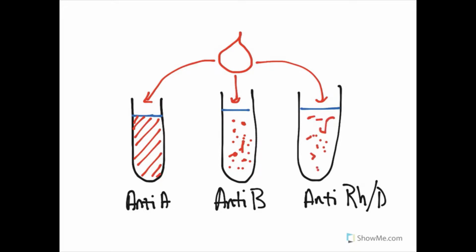So we know that this blood here does not have A on it. So then it doesn't have A, but it does have B. So we know it's a B blood. And it agglutinated visibly within the anti-RH, which means it is positive for the RH. Remember, RH positive, we just write positive, okay? So this is B positive blood.